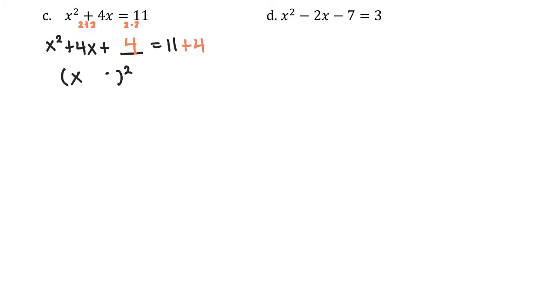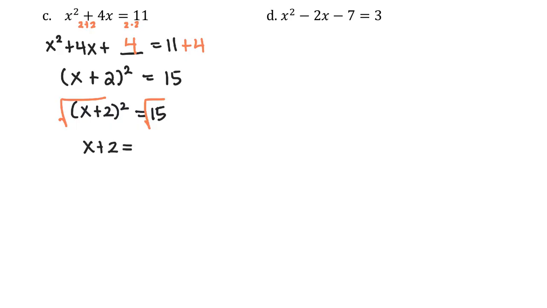x plus 2 squared, because 2 times 2 is 4, and it's positive because 2 plus 2 is positive 4x. 11 plus 4 is 15. Okay, now that I have the problem that looks like this, I can solve using square root, which you guys are pretty good at this point. x plus 2 equals positive and negative the square root of 15, which is irrational.